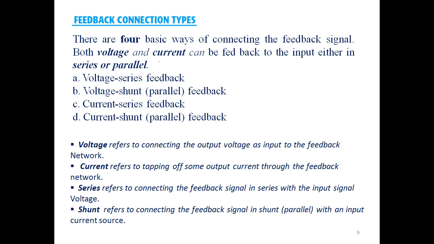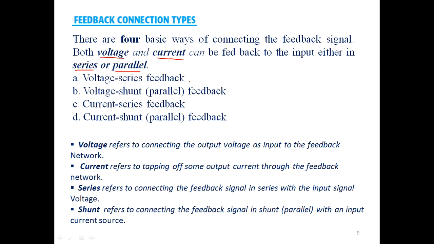So let us discuss those points. What does the statement say? Both voltage and current can be fed back. You can either take the voltage or the current and then feed it either in series or in parallel. That gives us 4 possible options.